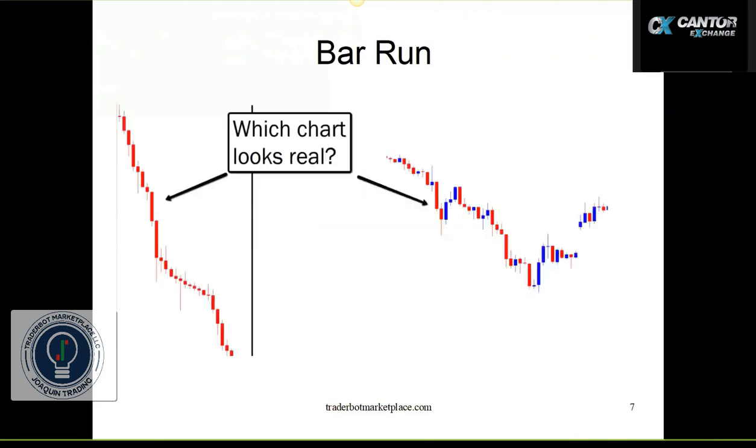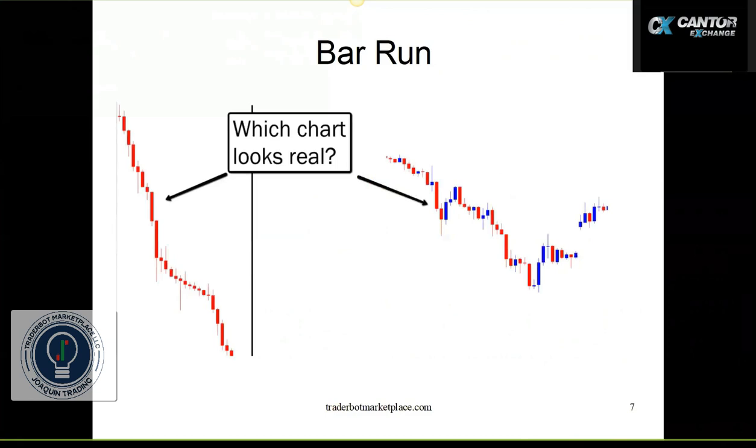Okay, so guys, which one of these charts looks real? Look at the chart on the left and look at the chart on the right. Can you tell which one is a real chart? If you said the chart on the right, you're correct, because on the chart on the left, how many times have you seen all these down bars without a pullback? Not very often.